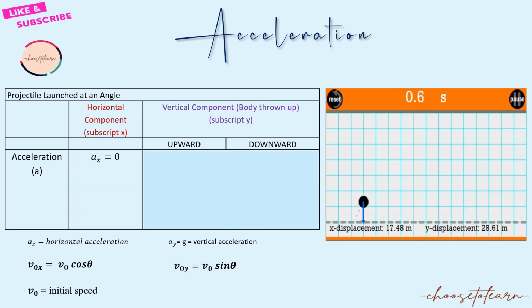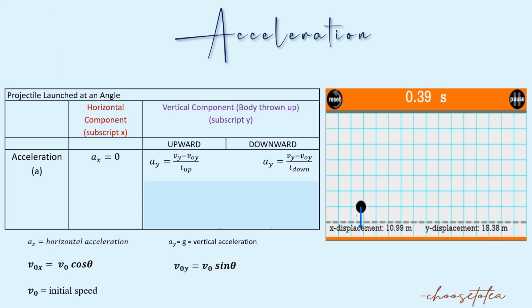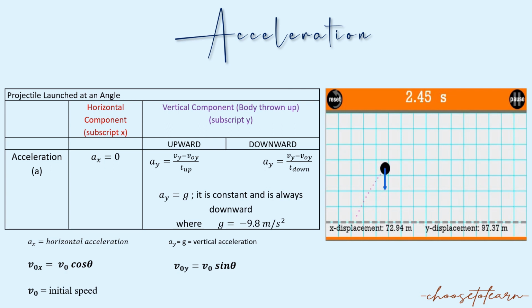Again, for the horizontal component, acceleration is zero. Now, for the vertical component, since it is affected by a constant acceleration due to gravity, which is equal to negative 9.8 meters per second squared, this acceleration is always constant and always acts downwards.